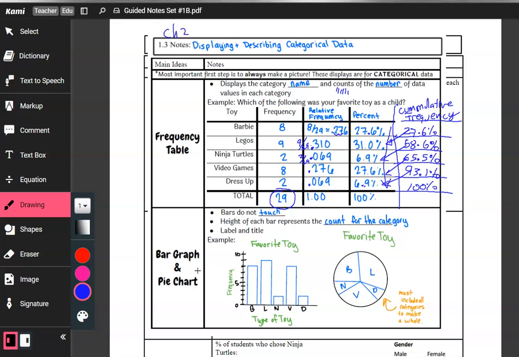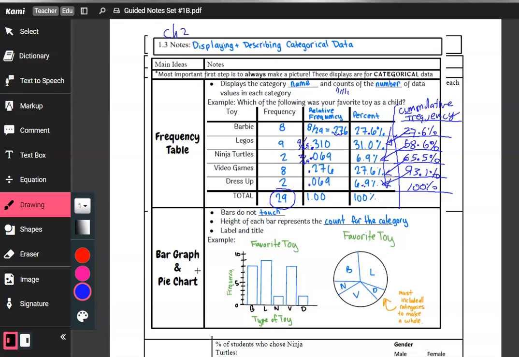So for example, I'm gonna draw my y and x axis here, and from here we start off at 0 and go all the way to 10, since the highest number here is 9. So going up to 10 is good. And B represents Barbies, Legos, Ninja Turtles, video games, and dress up.